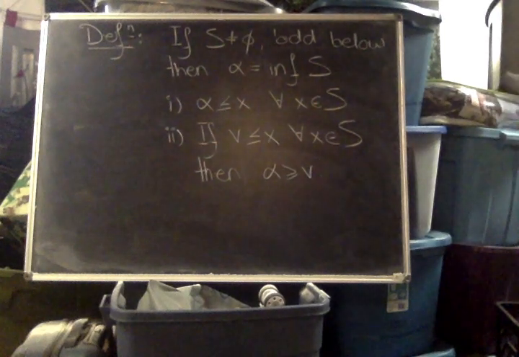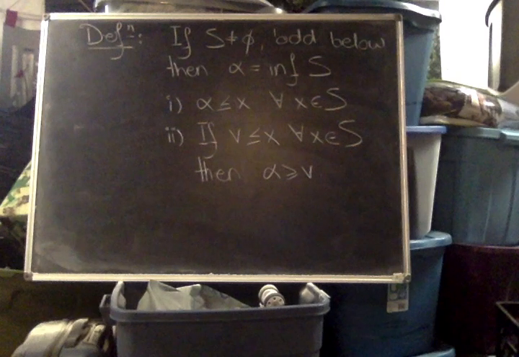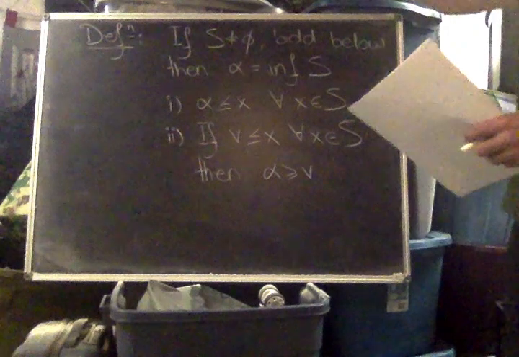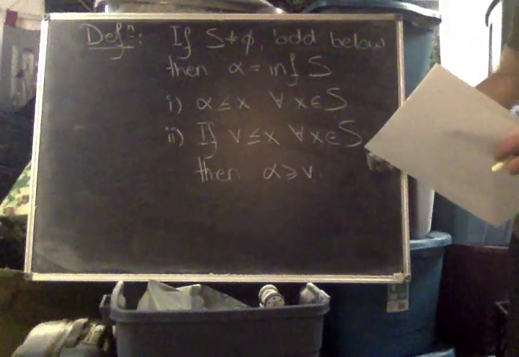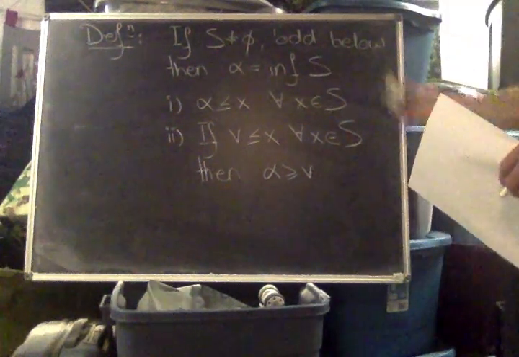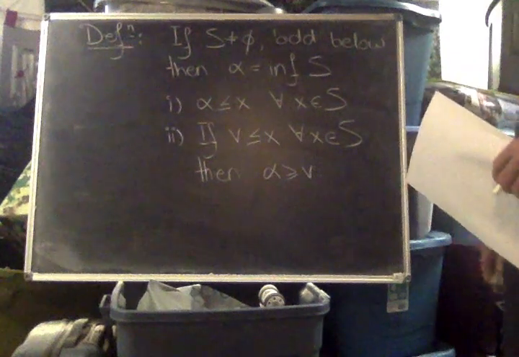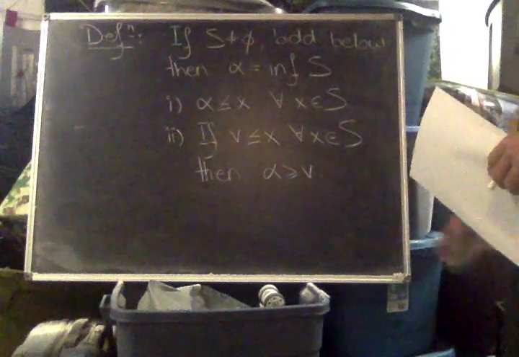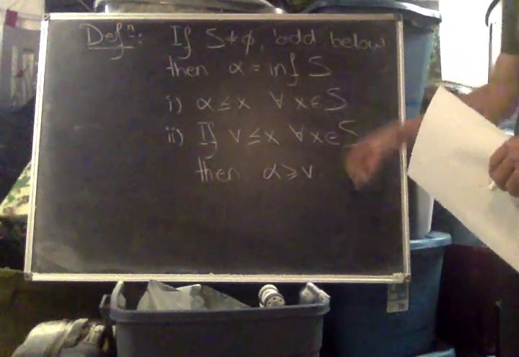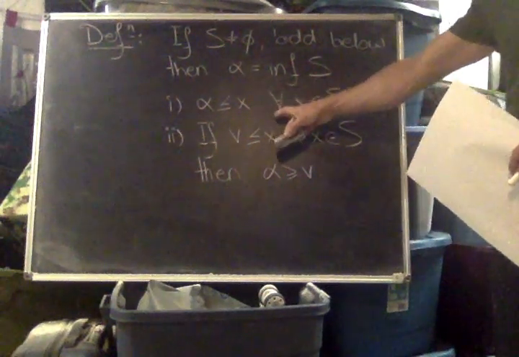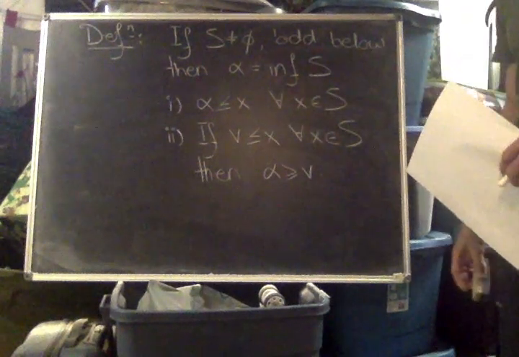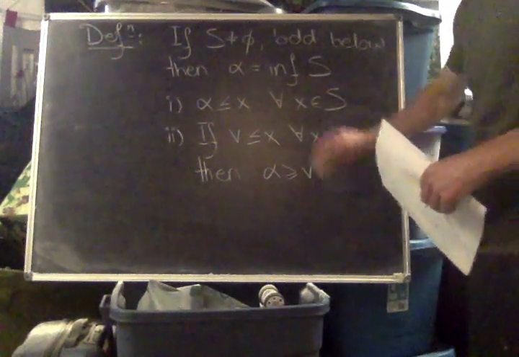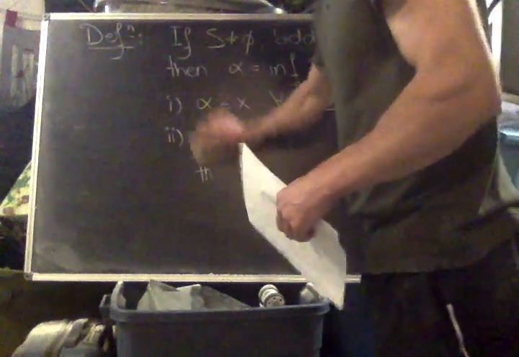And then I guess I should say since we're here, there's also an alternative to part 2 here, which can be useful. Okay, so we'll start with the infimum and go back to the supremum. So it is also true that a non-empty set which is bounded below has alpha, the infimum of S, if, first of all, of course, alpha is a lower bound for S, and then secondly, we can replace part 2 here with a different condition.